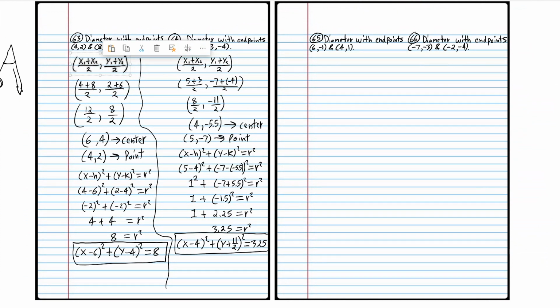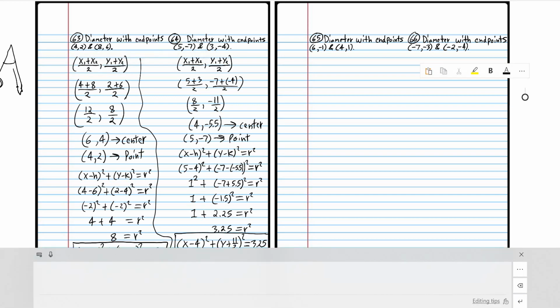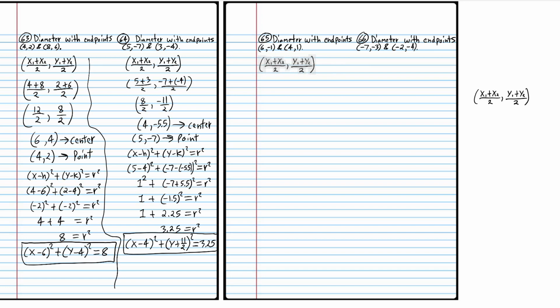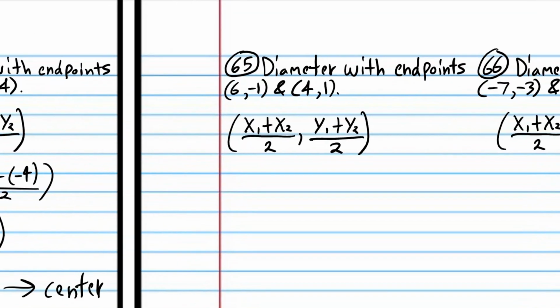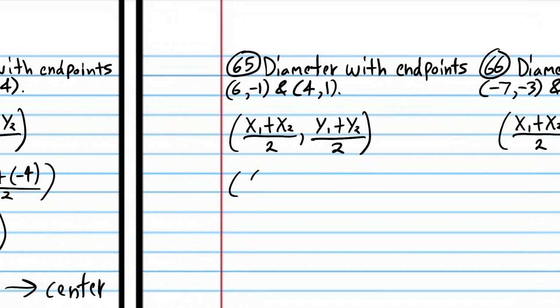All right, we're back. I'm going to copy this formula for the midpoint, throw that on there. And I'll go ahead and do it for the other problem also. I just want you to be absolutely clear what the tools are that we're using. So add the x values and divide by 2. Add the y values and divide by 2.